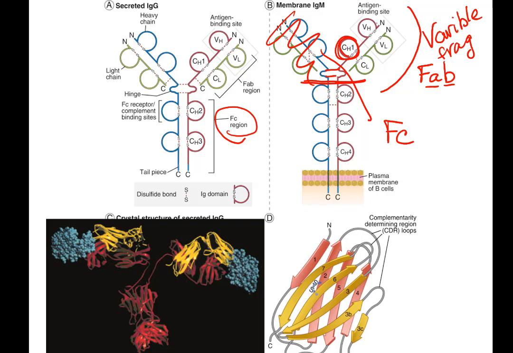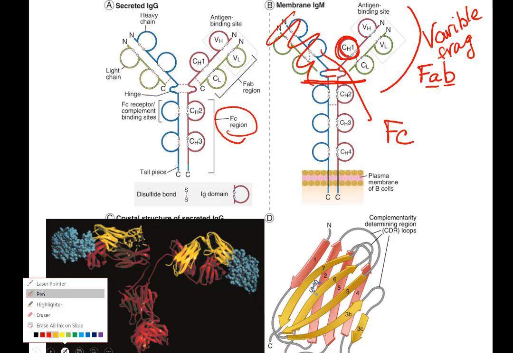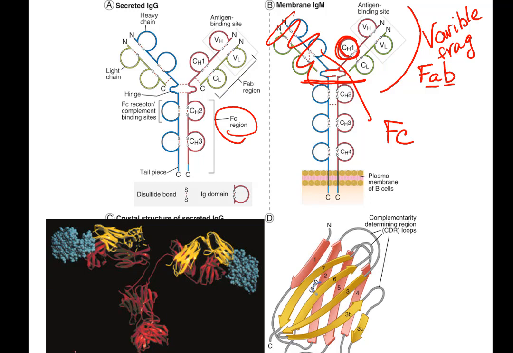This variable region is identical to this variable region. The only thing that's changed is the heavy constant has changed from an IgM to IgG. This is now an IgG because this is now a gamma chain.